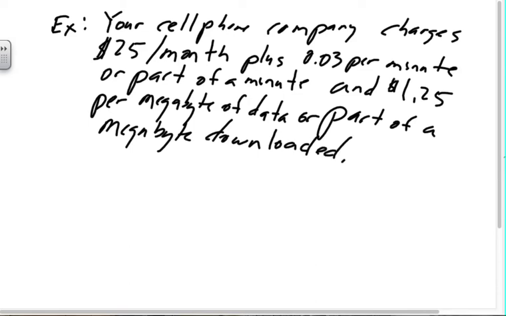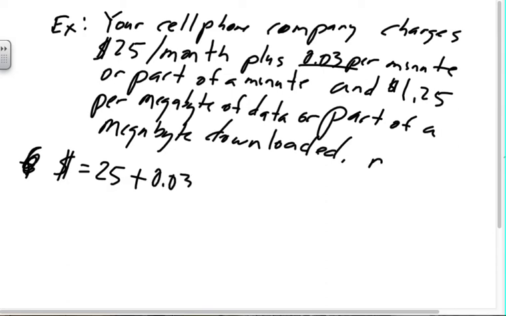Okay, well, first blush, look at this, you think, man, if this is your plan, you're dumb. Go to someone else. But let's assume you're too lazy to do it, so this is your plan. They're going to charge you $25 per month, so your dollars are going to equal 25 plus 3 cents per minute.